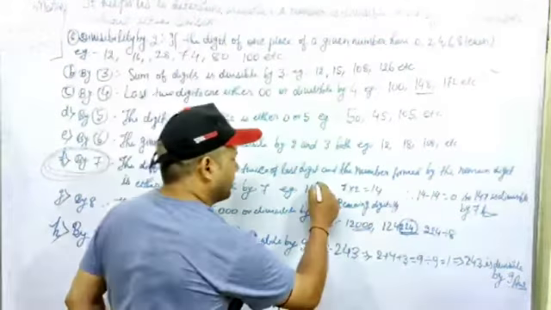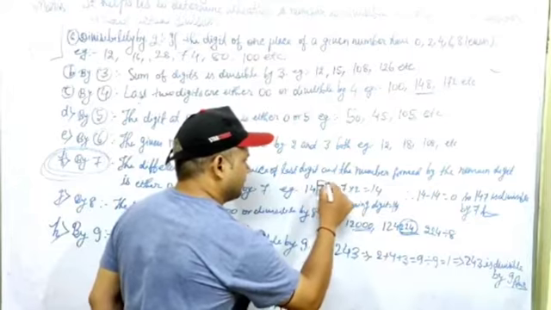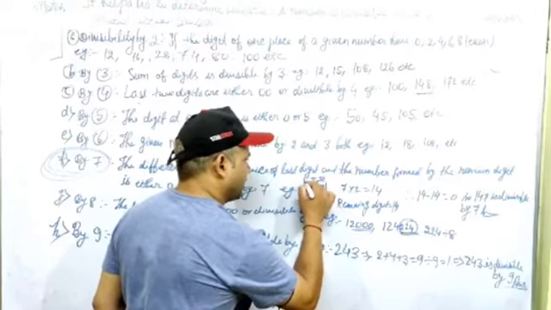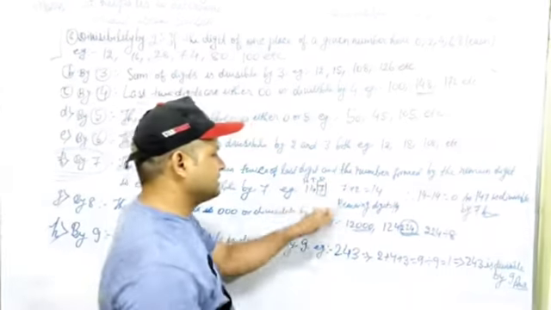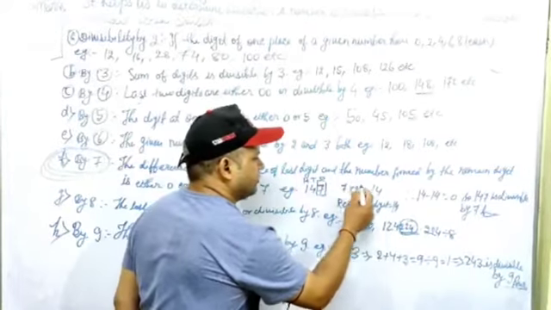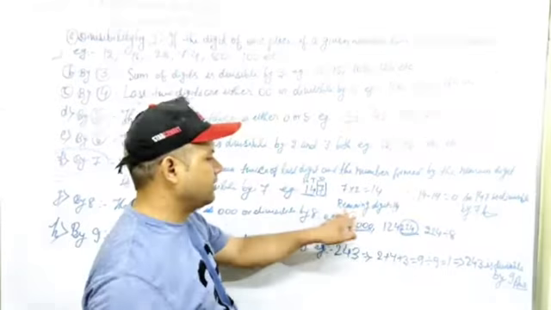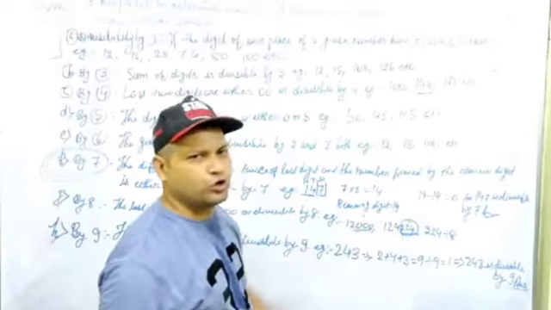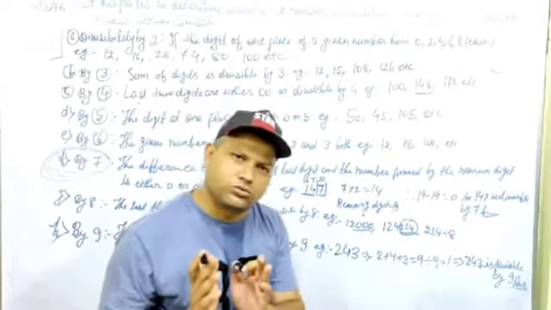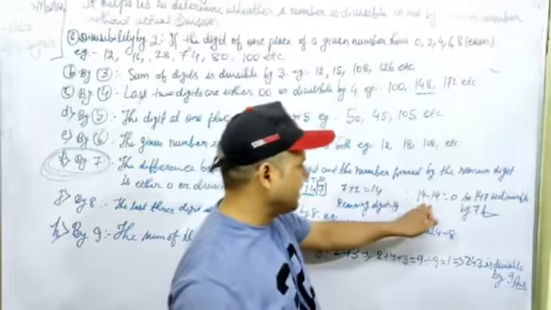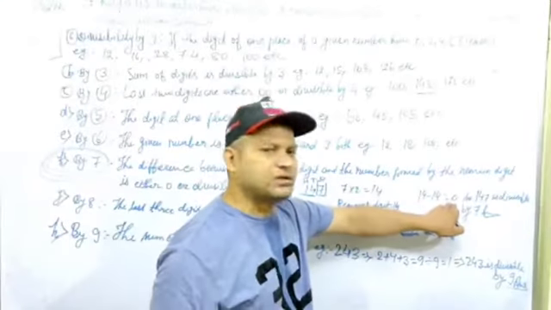Here the ones place digit is 7, and 7 into 2 is equal to 14. The remaining number is 14. So we subtract, and after subtraction we get 0.